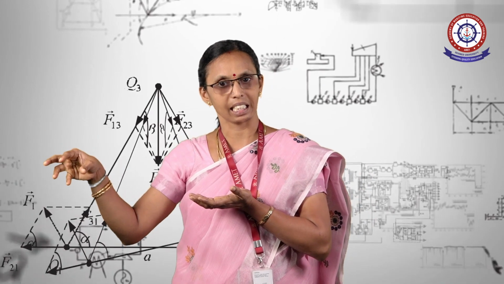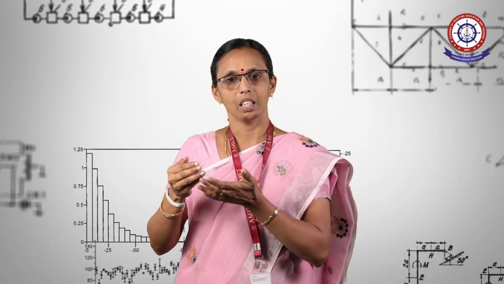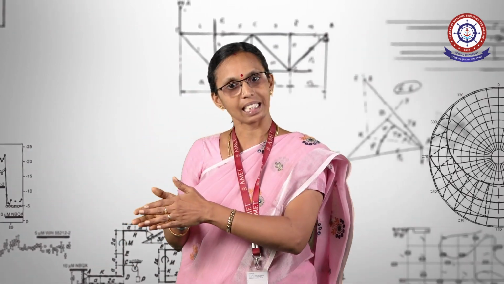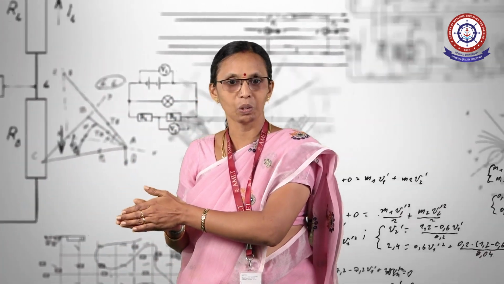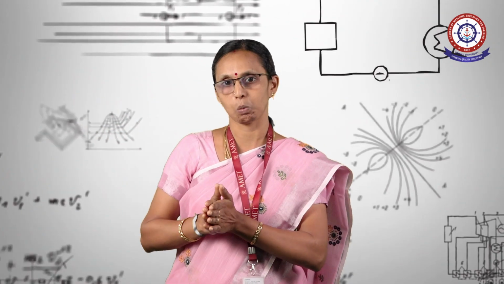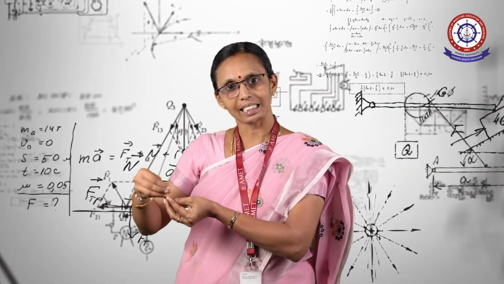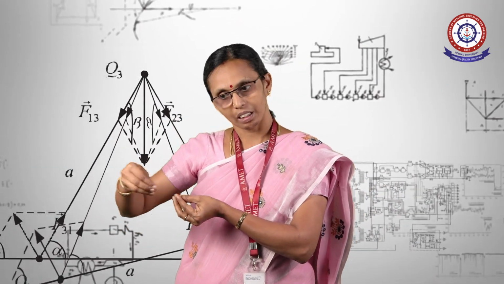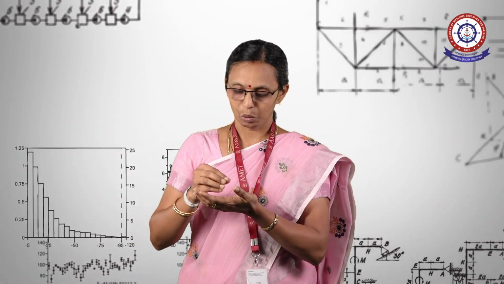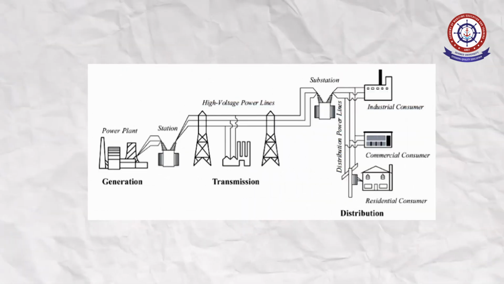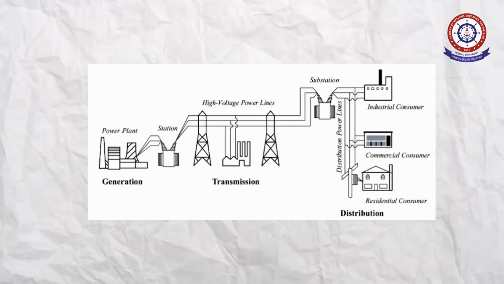There the voltage level gets reduced again, from 11 kV to either 440 volt or 230 volt, our three phase or single phase voltage levels. That gets supplied to all the domestic loads, the basic loads.